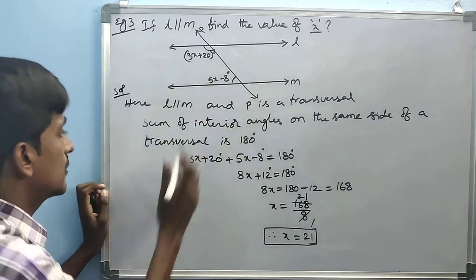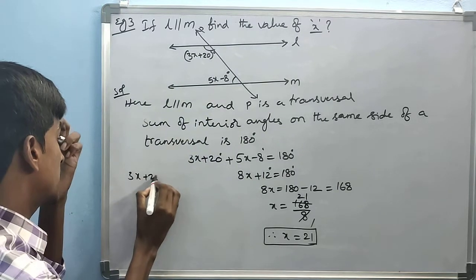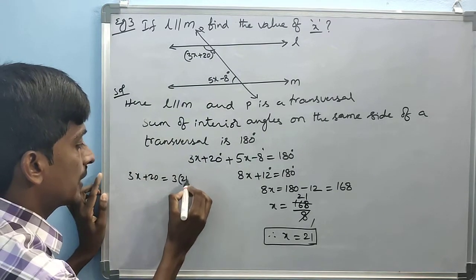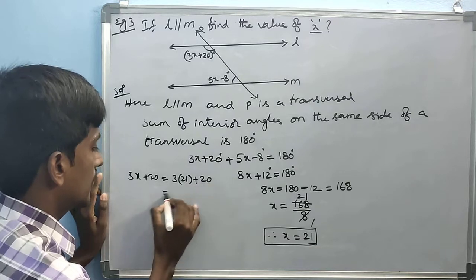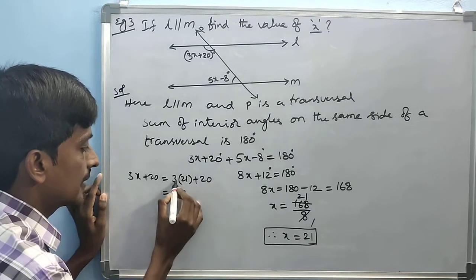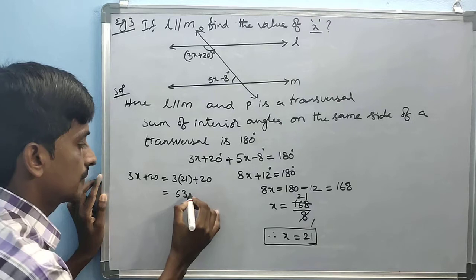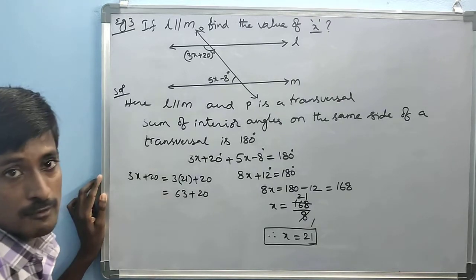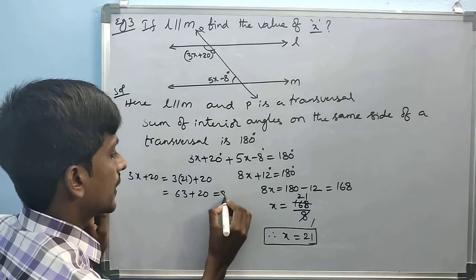So substitute the x value. 3x plus 20. 3 into 21 plus 20. 3 21s are 63. 3 1s are 3, 3 2s are 6. Plus 20 equals 83.